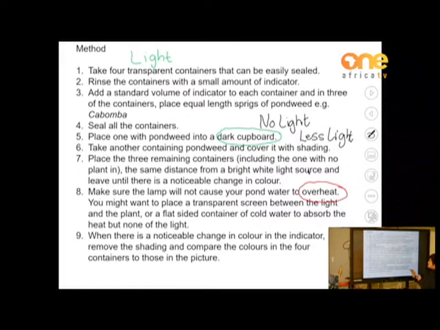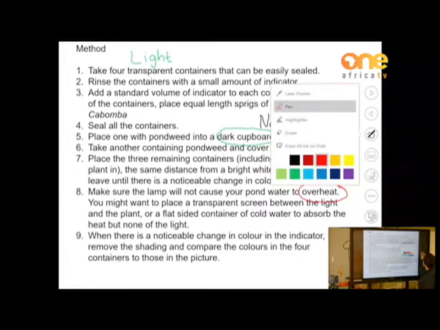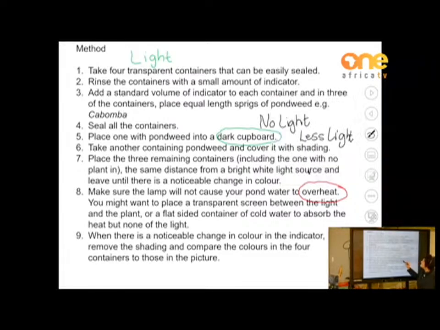So, now I just want to ask, do you have any idea why we have a container with no plant in it? That will act as a comparison, to see if there is a change or no change if there is no plant.